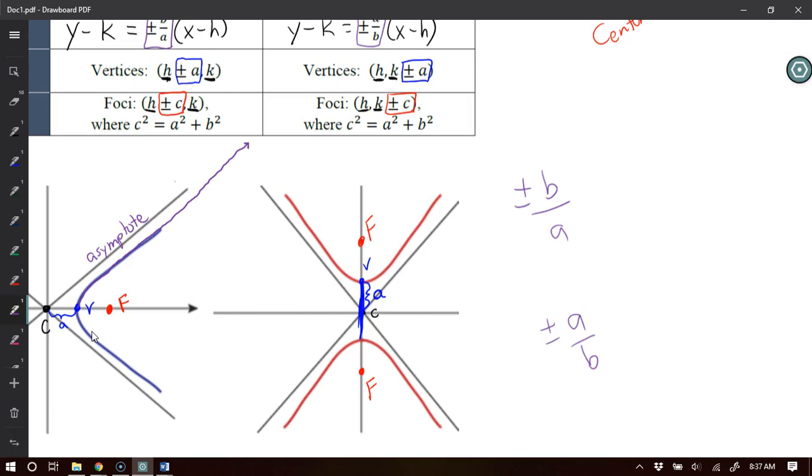Well, if I can remember a definition, then I can know which one is which. And the definition I'm asked to remember is that slope is rise over run.